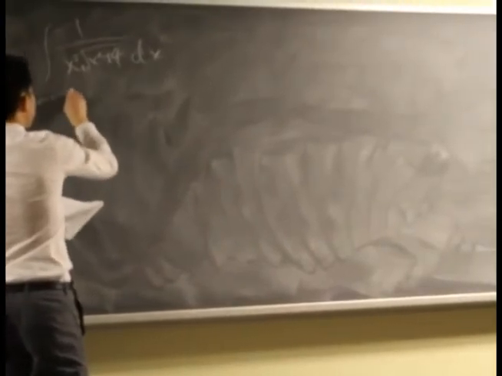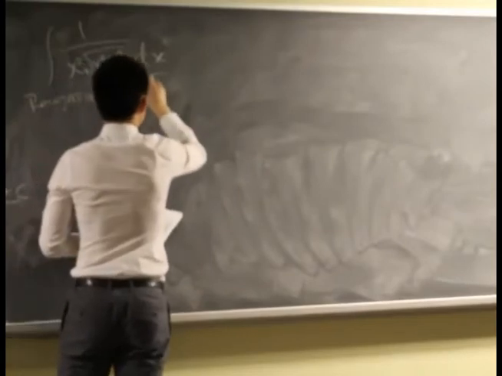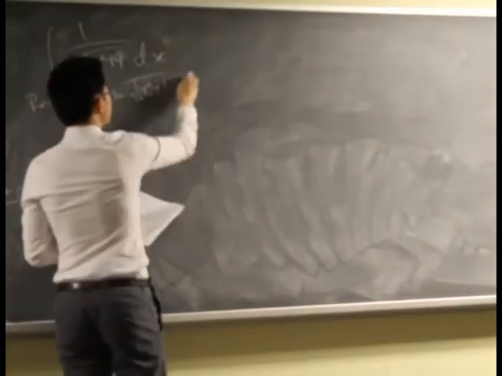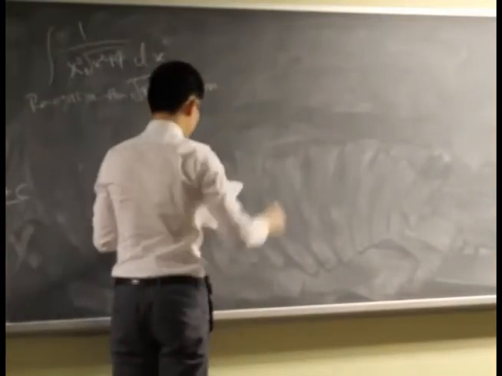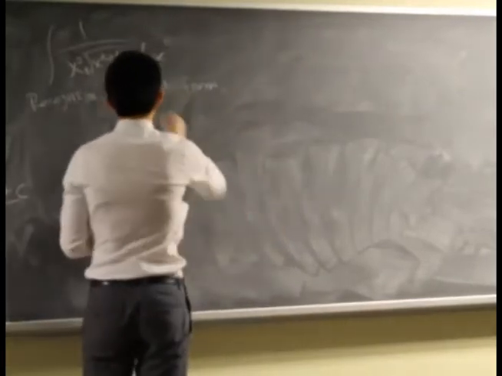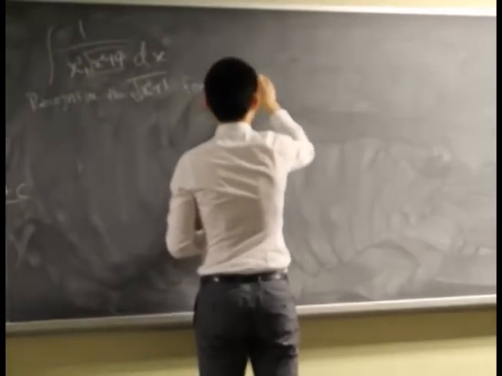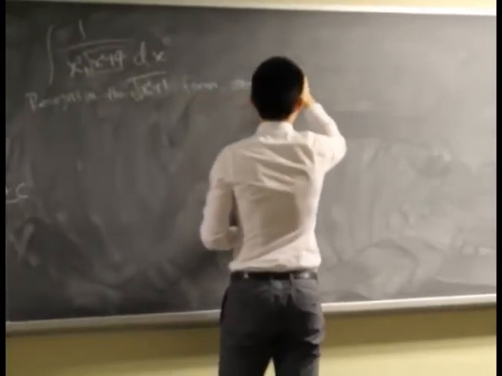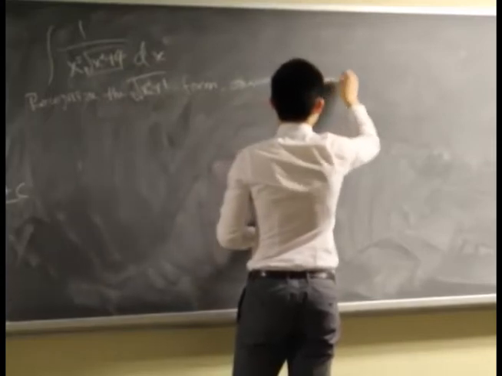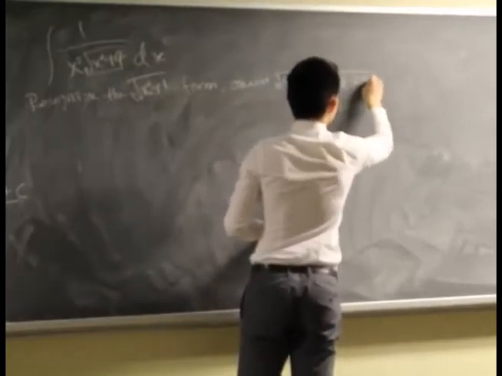So we can recognize the square root of x squared plus 1 form, and then we're going to try to convert square root of x squared plus 4 into something with x squared plus 1.